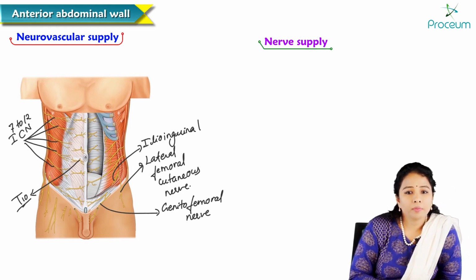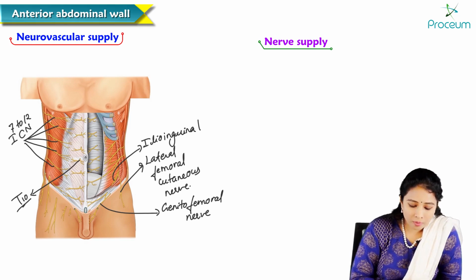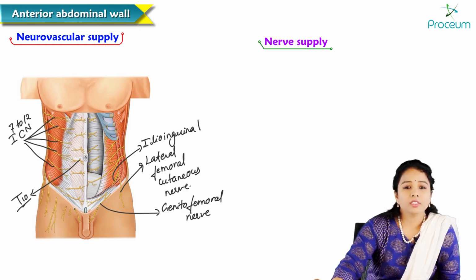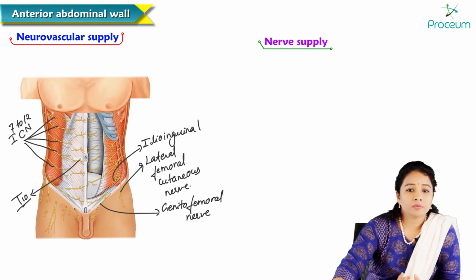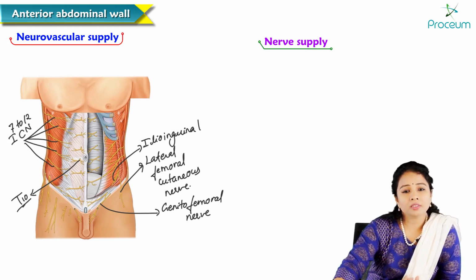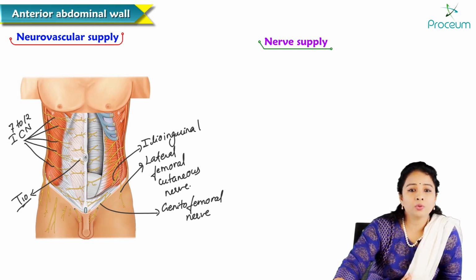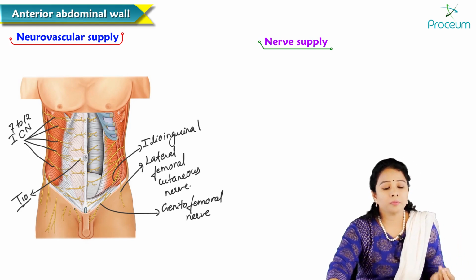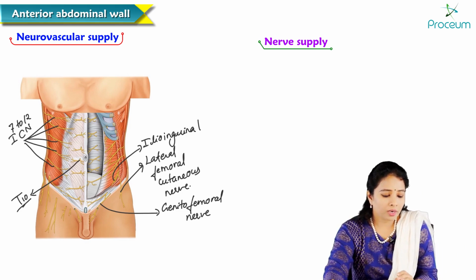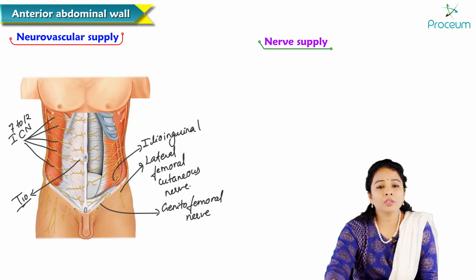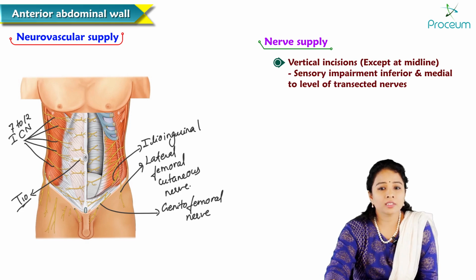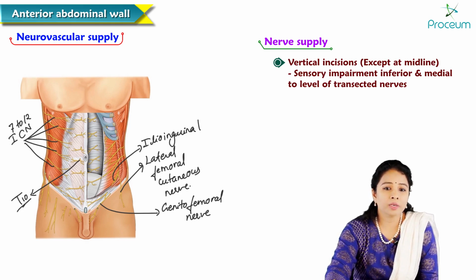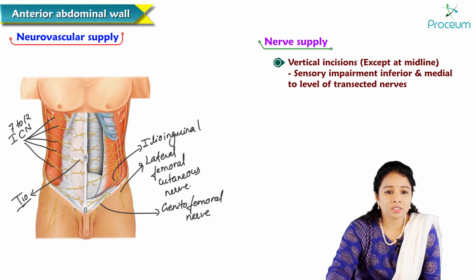So these are the nerve contributions from the lumbar plexus, with the root value of L2, L3, L4, supplying the lower lateral part of the anterior abdominal wall. So the vertical incisions except at the midline can be expected to lead to sensory impairment inferior and medial to the level of transected nerves.